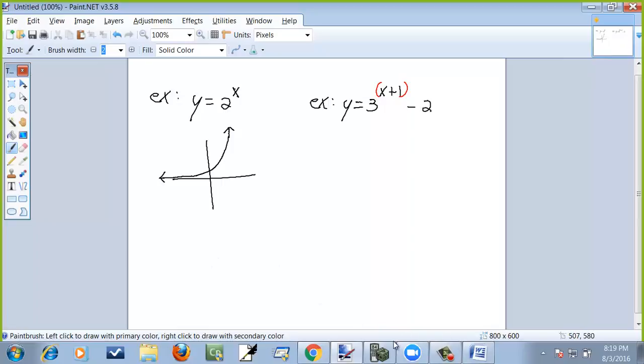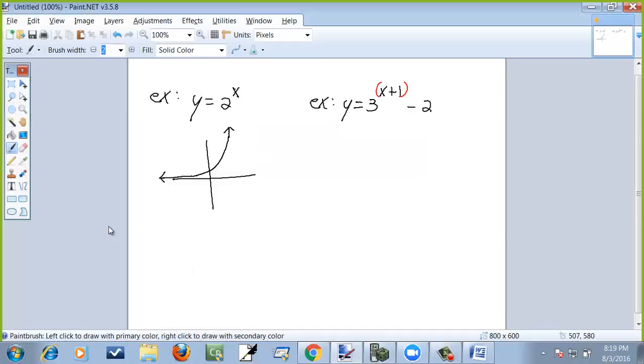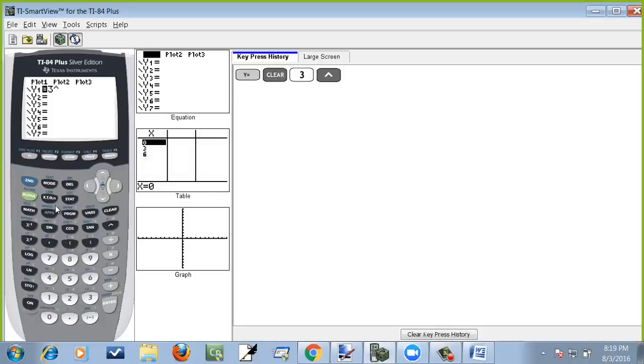Okay, so I'm going to go to my y equals, clear, and then I'll do 3 caret, beginning parentheses, x plus 1, closing parentheses. Now if you got one of the newer T84s, you don't need the parentheses around the x plus 1, but you do need to do a right arrow key to get out of exponent mode.